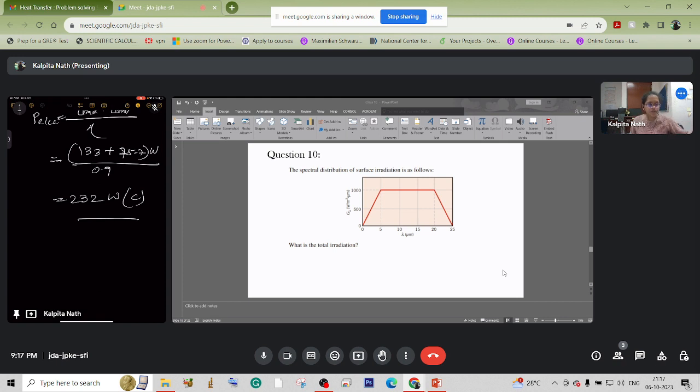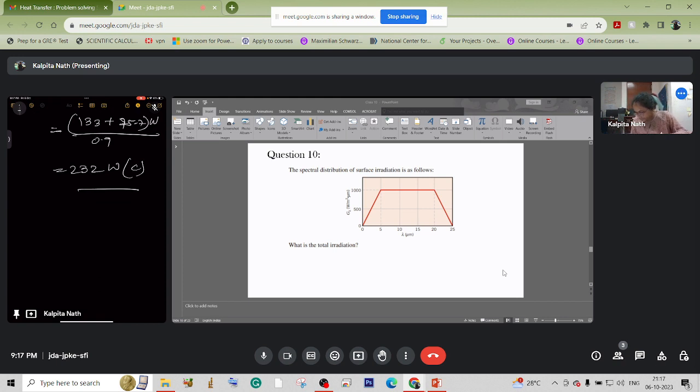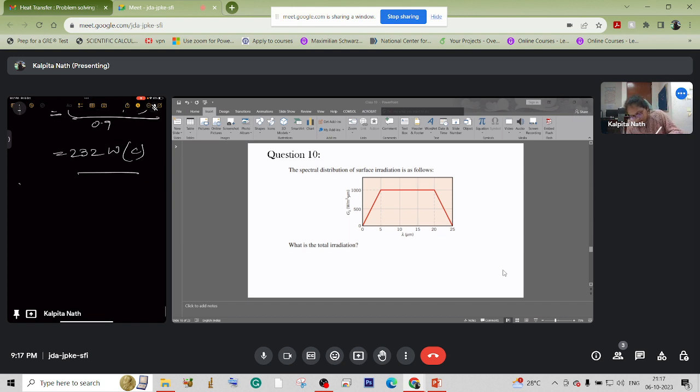Okay, I think we should proceed with the solution. So this is question number 10. So the total irradiation may be obtained as follows. How do we do that? Just this is area under the curve. So this is 0 to infinity. As we already know, this is G lambda d lambda, monochromatic.